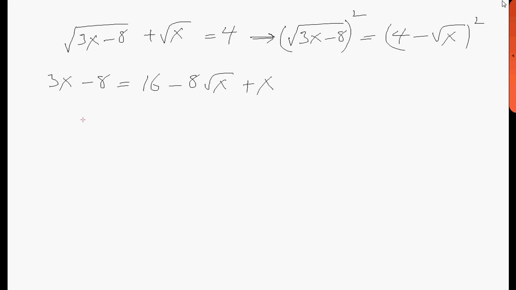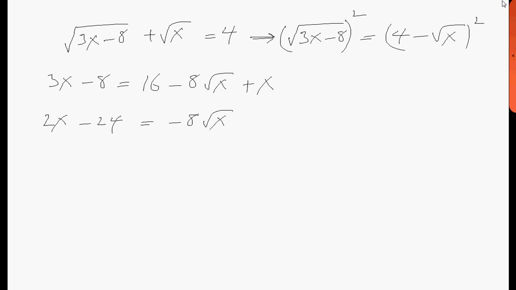So moving everything to one side and keeping just the radical on the other side, I get 2x, moving this x to the left, minus 24 equals minus 8 radical x.